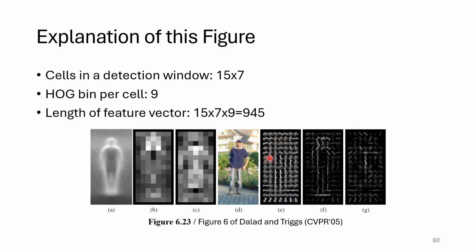Then, once they get the weights, for each cell, they look for the largest value within the cell. So you see the bright pixel here means that for the cell. You have the W vector.